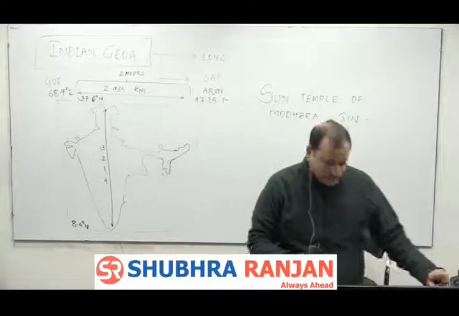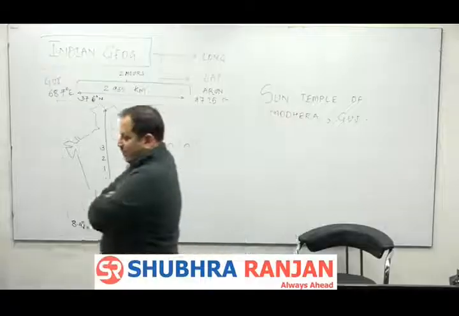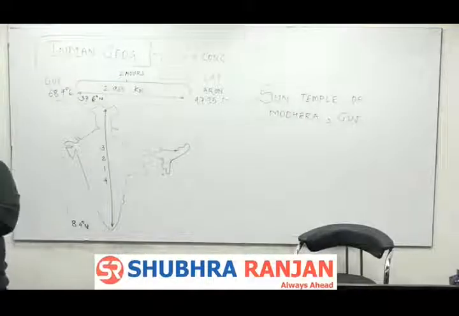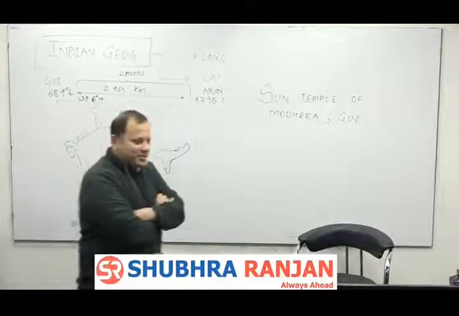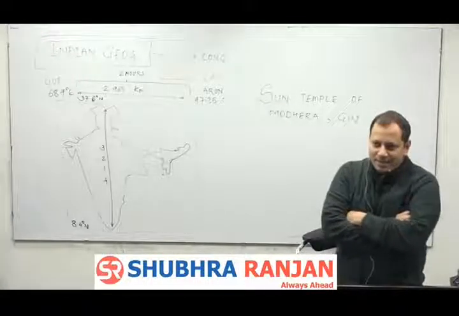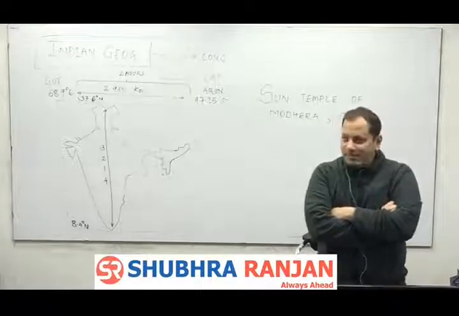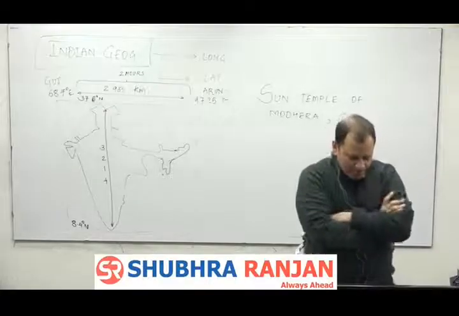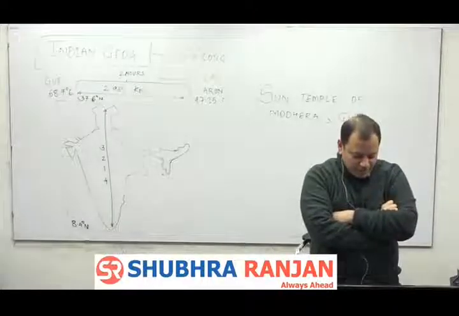Note down. The famous Sun Temple of Orissa, of Gujarat, at Modera. कितने सन टेम्पल है इंडिया में? एक नहीं है. पिछले साल का ही क्वेश्चन है, कितने सन टेम्पल है इंडिया में? So 5 सन टेम्पल्स है इंडिया में. Out of that, Sun Temple of Modera, Gujarat.